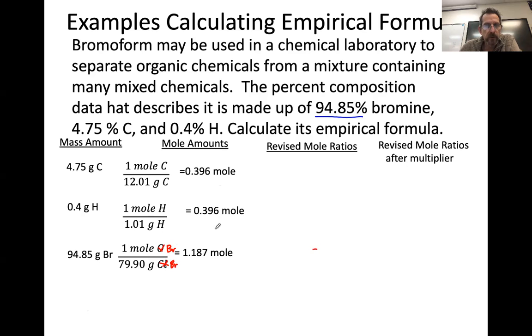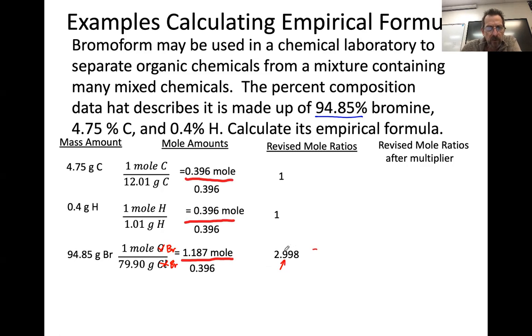Well, 0.396 is the smallest of those 3 values, so all of them are going to be divided by that. No problem there, right? 1 is well within 1 of a whole number. It is 1. When I divide the second one, we also get 1, well within, that is the whole number 1. Lastly, is that within 1/10 of the next whole number, 3? Of course it is.